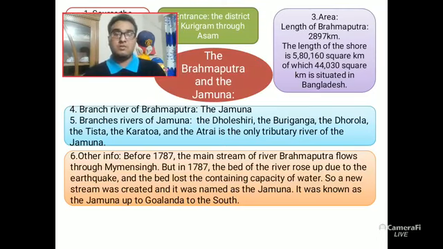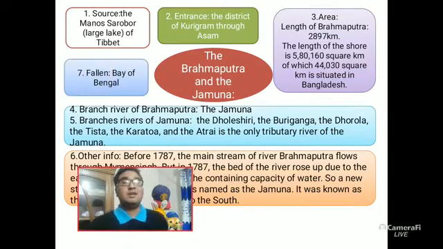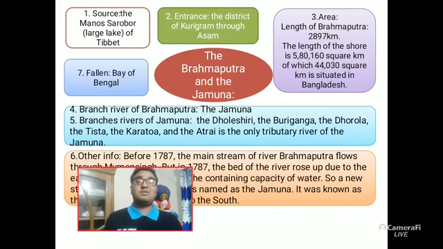So this is all about the Brahmaputra and Jamuna rivers, and the last piece of information is that the river Brahmaputra or the river Jamuna flows into the Bay of Bengal in the end.